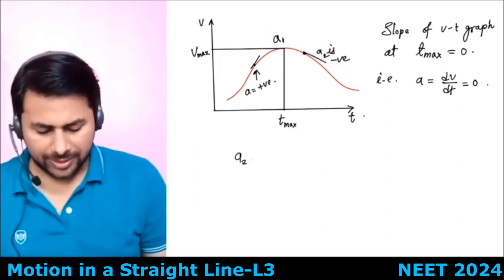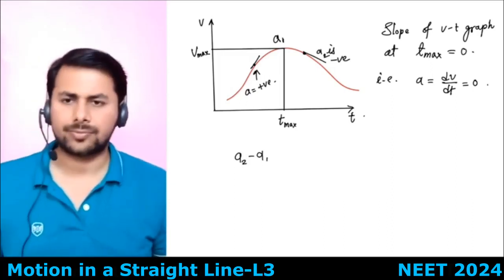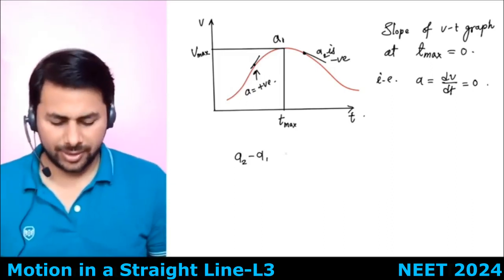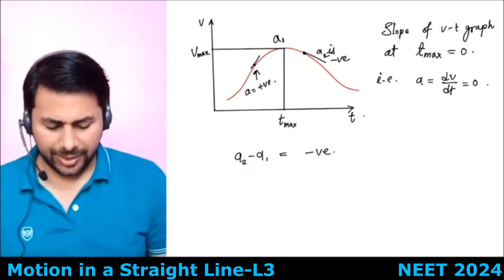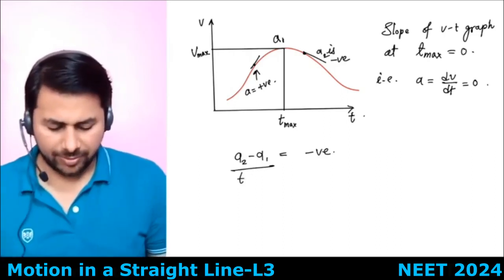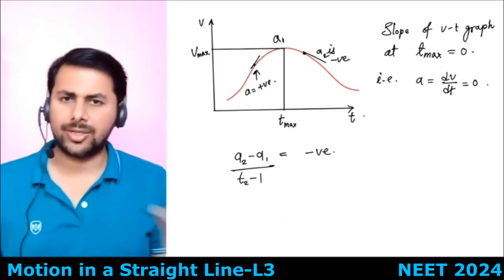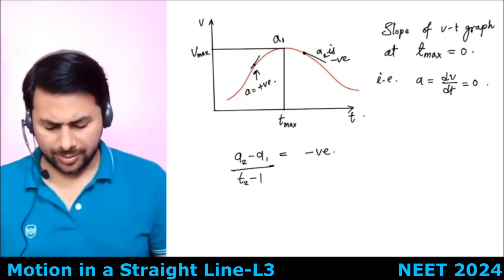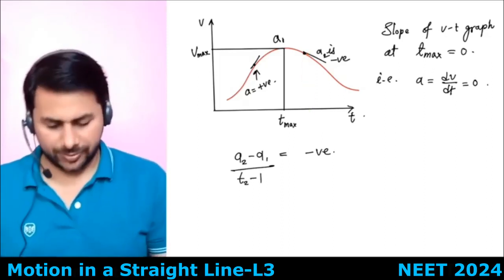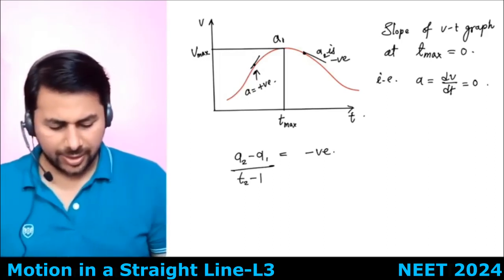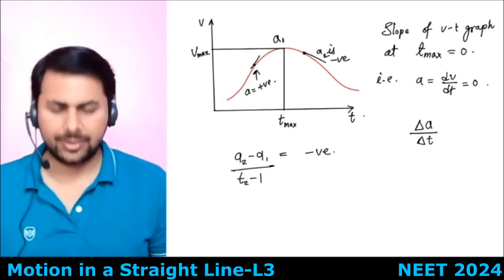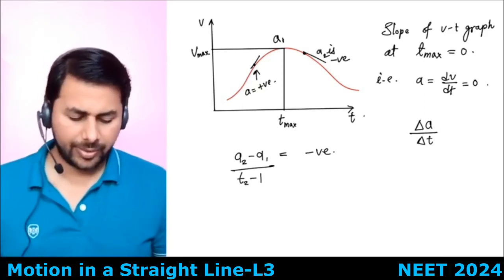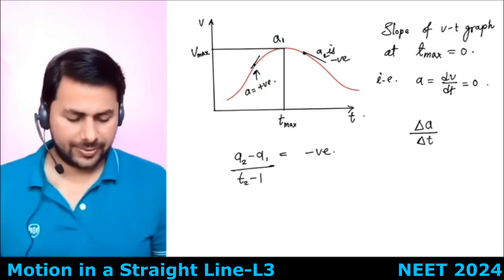What will be a2 minus a1? This is negative, right? So if I take a2 minus a1 divided by t2 minus t1, this will also be negative, because the change in time is positive. So if I take delta a by delta t, this is going to be negative.